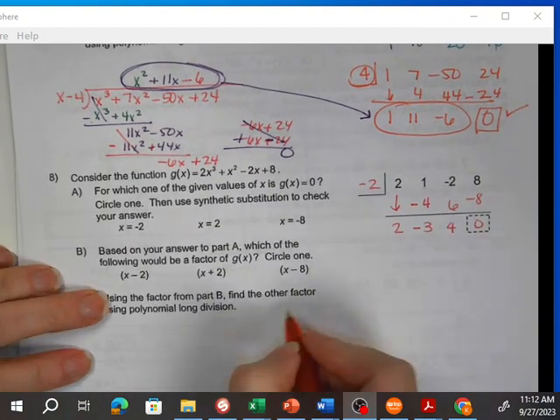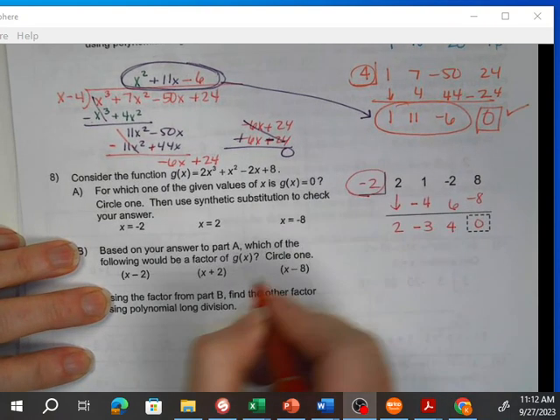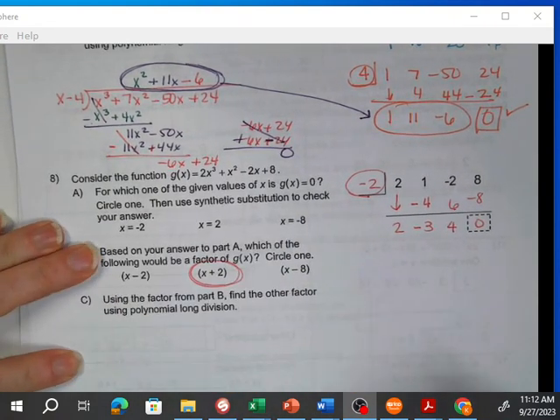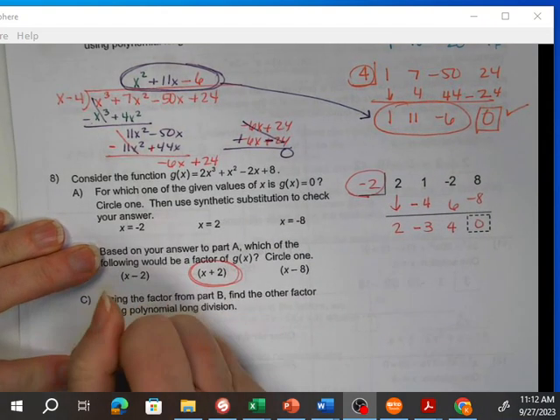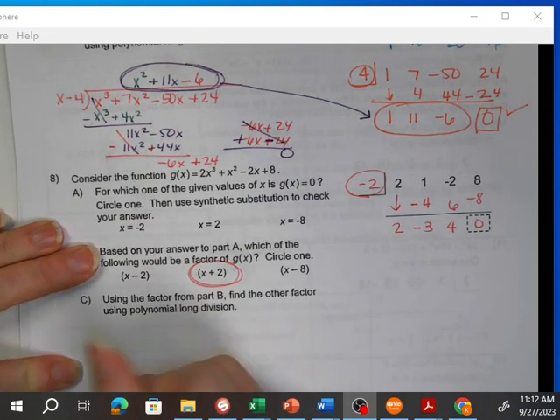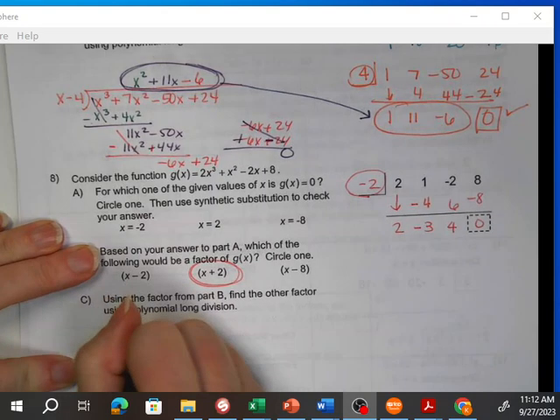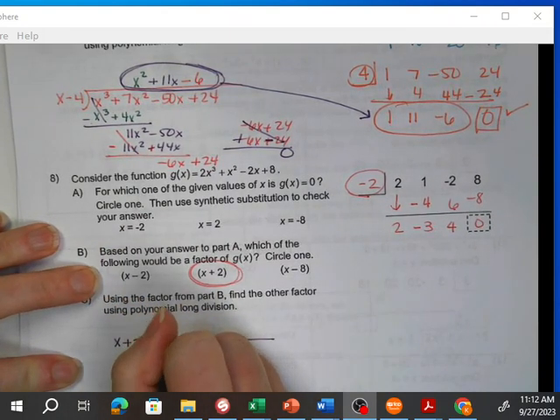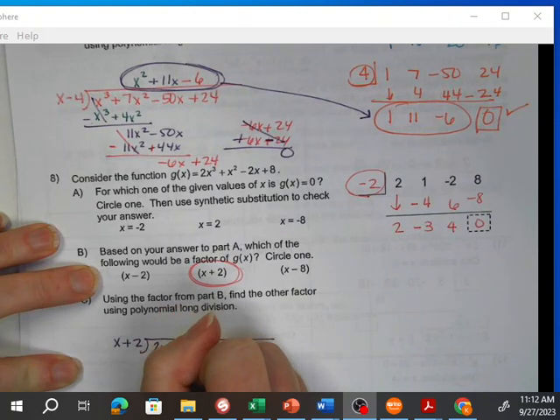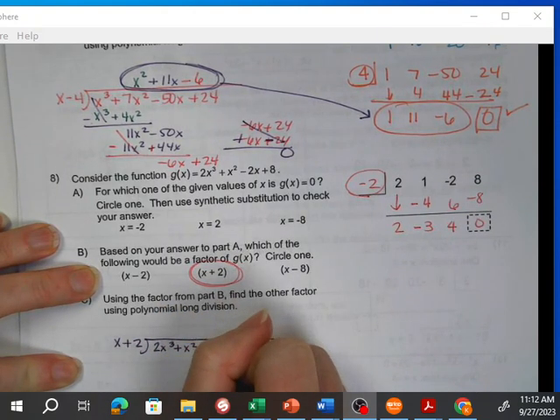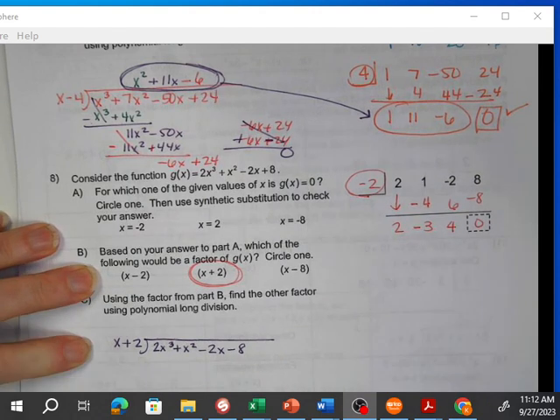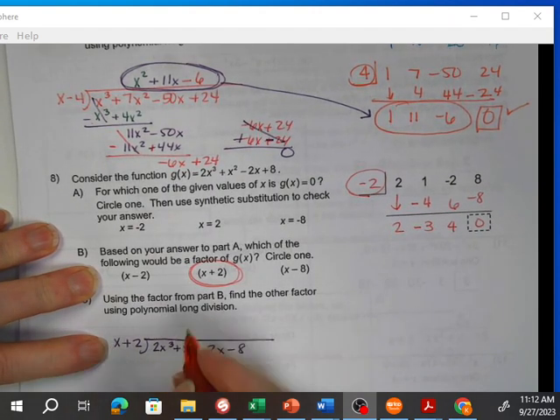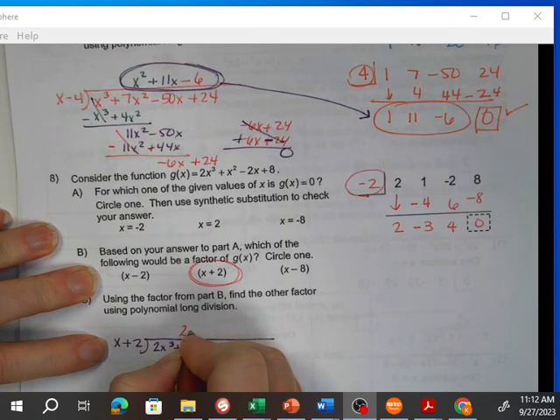So that means if negative 2 is the zero, then x plus 2 is the factor. So we're going to long divide. x plus 2 is going outside. My original polynomial is going inside. In order to get 2x cubed, I would multiply x by 2x squared.